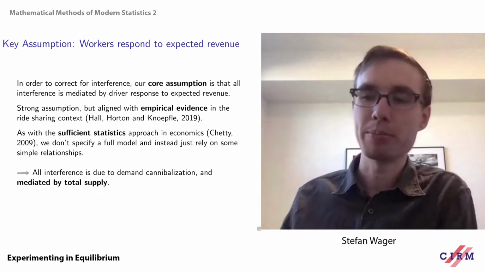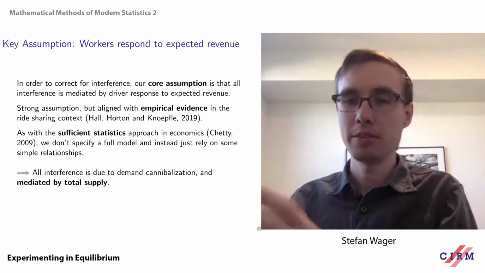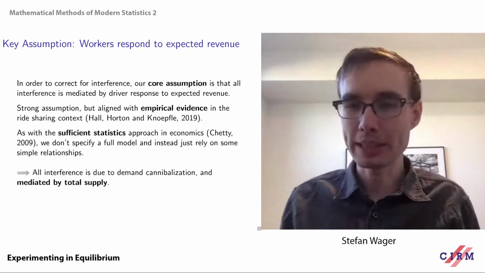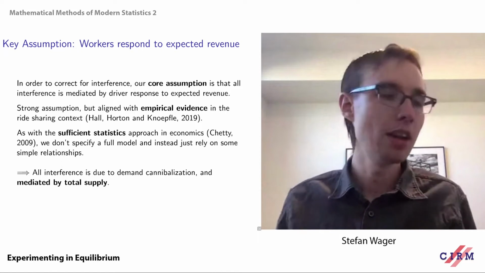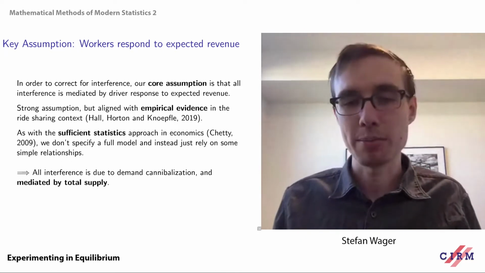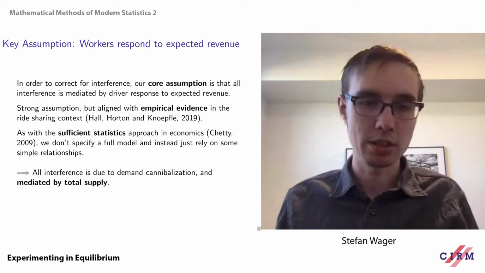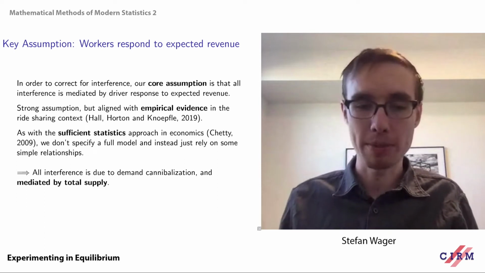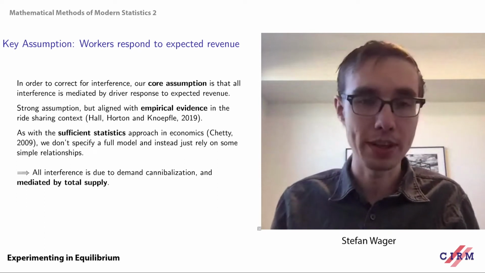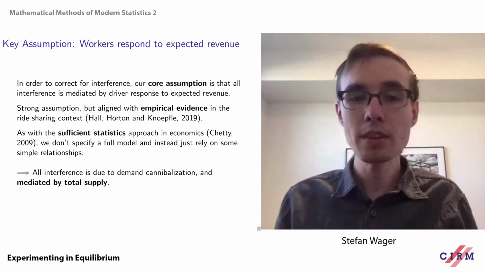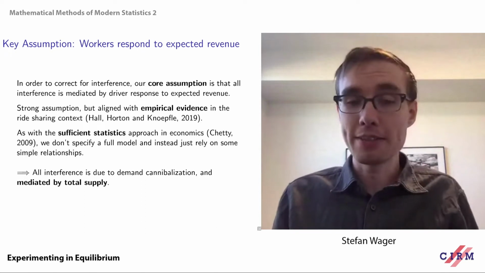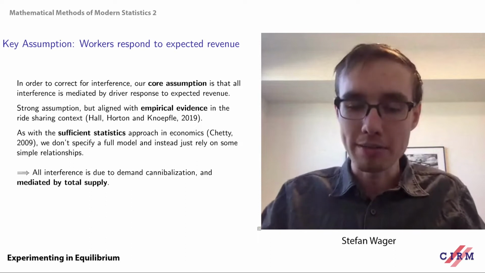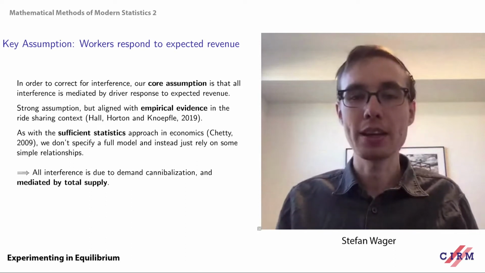These two numbers induce a belief on the expected amount of demand they're going to get to serve. And then they care about the product of how much you're paying them per unit of demand and how much demand they expect to be able to serve in that day. The point here is that if interference occurs, it's all mediated by total supply.